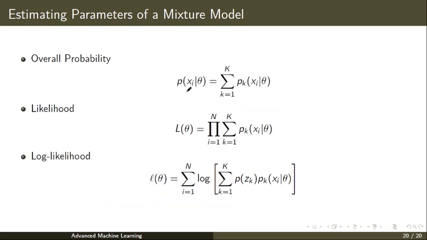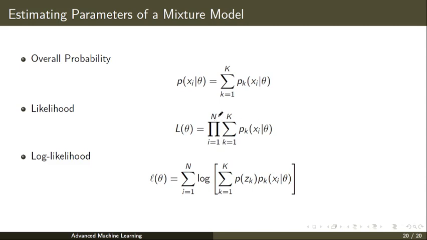The overall probability, we have seen it previously. The overall probability of x_i given theta is the summation over k of the probability of x_i given z_i equal to k, theta. The likelihood is the product over all the samples.